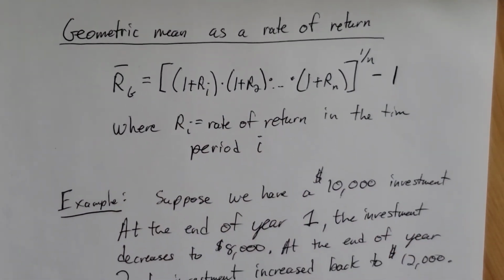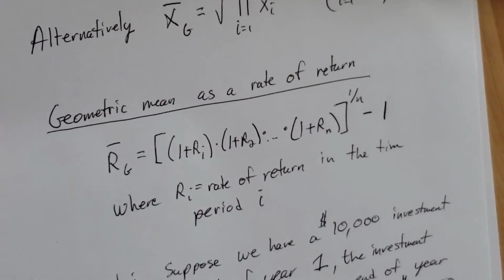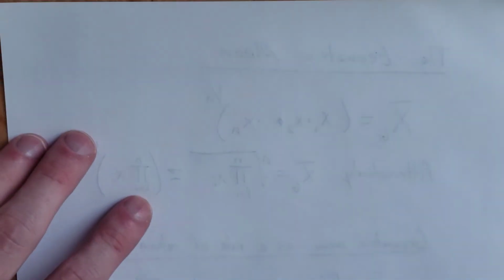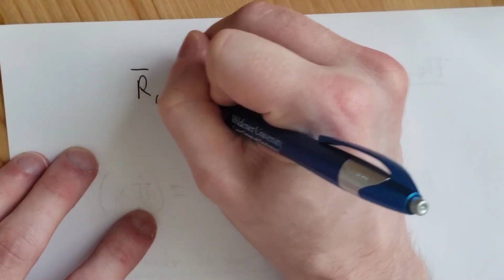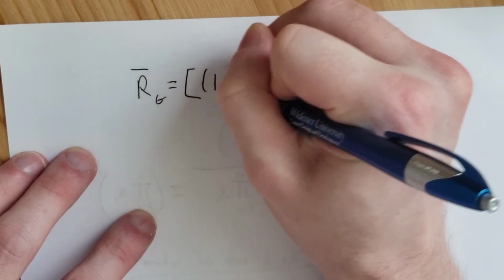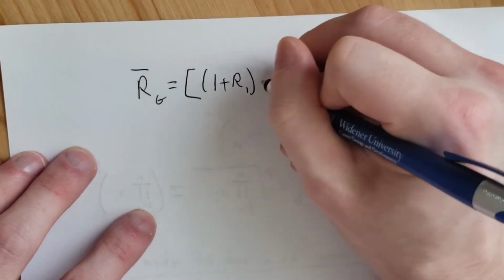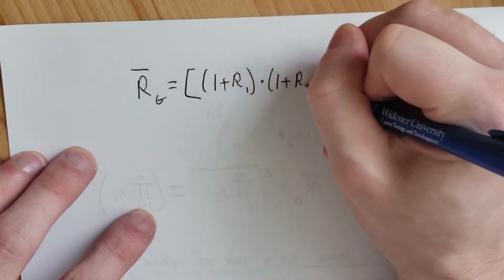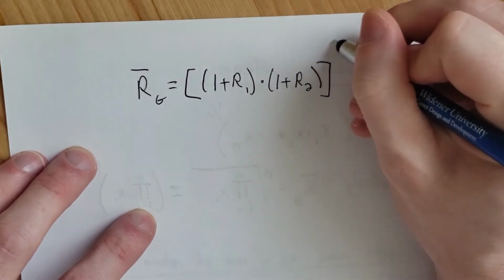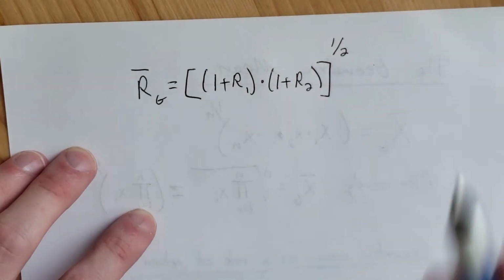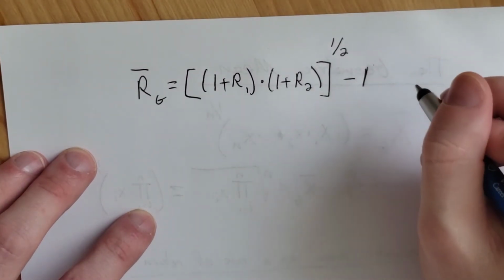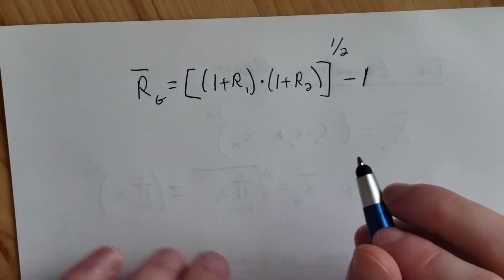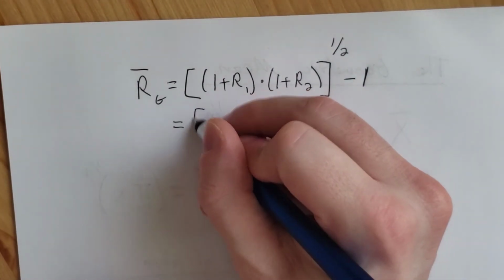So let's go ahead and plug all of that into our formula. So we have R sub g is equal to 1 plus R1 times 1 plus R2, all raised to the 1 over 2 power. So we're just taking the square root here because we only have 2 values, so it's only over 2 years. And then let's go ahead and plug in all of our information.